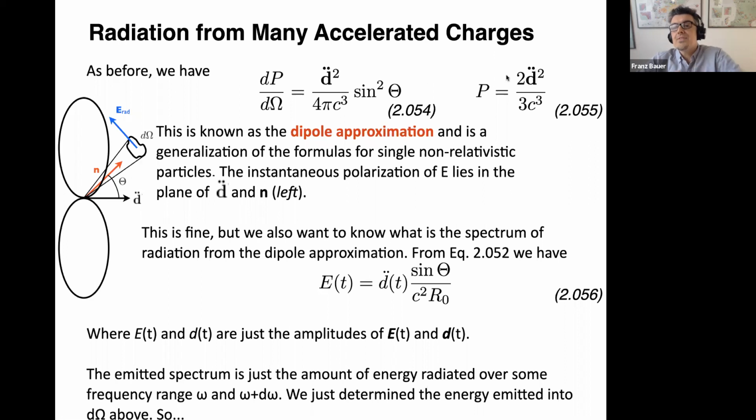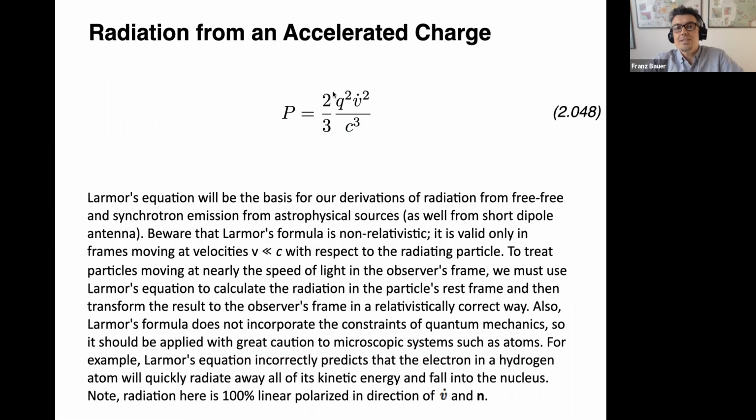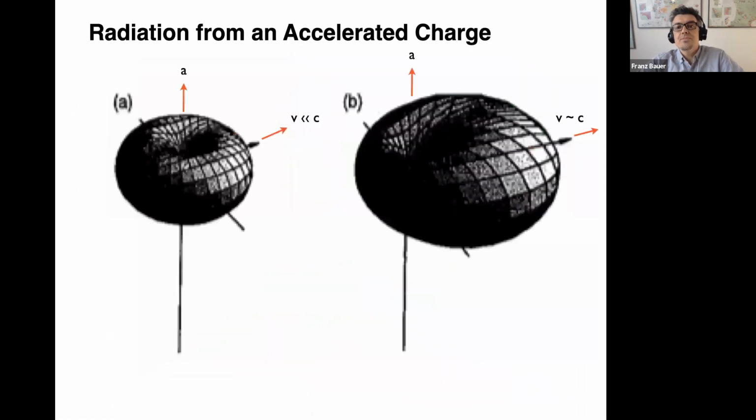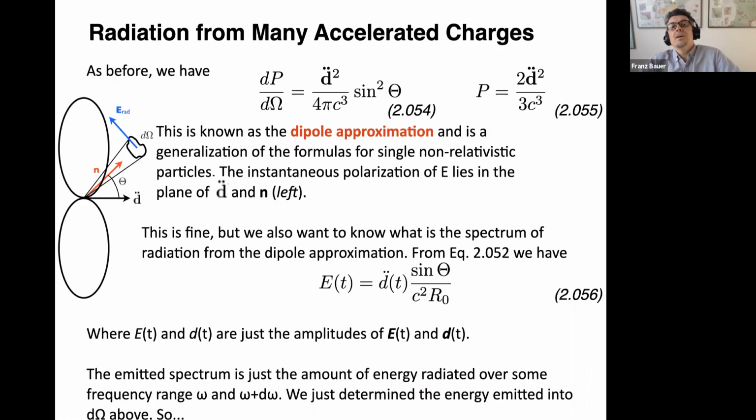And this is very equivalent to the acceleration squared and the charge squared. And so if we go back to this, it's just these two. And this particular notation is known as the dipole approximation. And so this just generalizes this formula for a single non-relativistic charge.